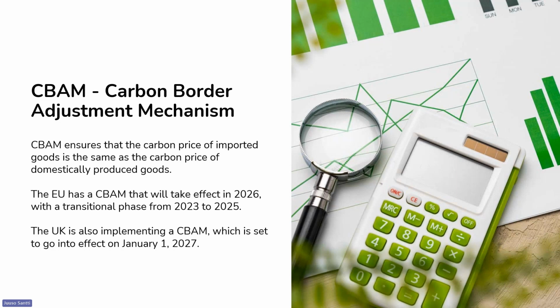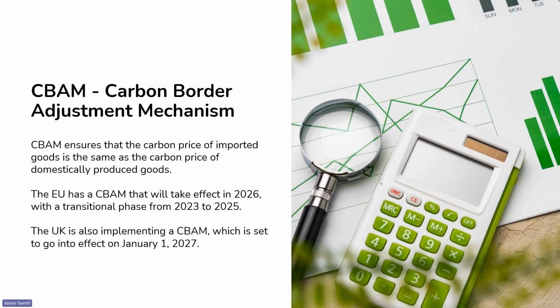The most notable is the EU. EU CBAM is currently in a transitional period until the end of next year, and it will take effect from 2026 for certain products. The UK is also planning to implement CBAM from the beginning of 2027, so it's not far away really.